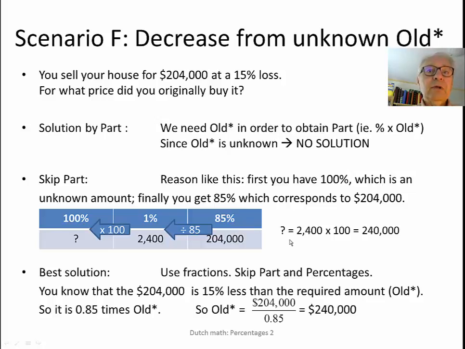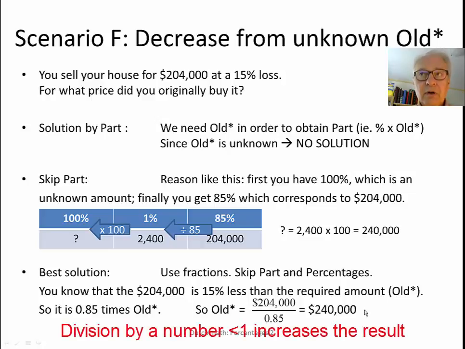You can also use the best solution, that's by fractions, and then you have to divide the amount that you sell it for by 0.85, which again gives you $240,000.